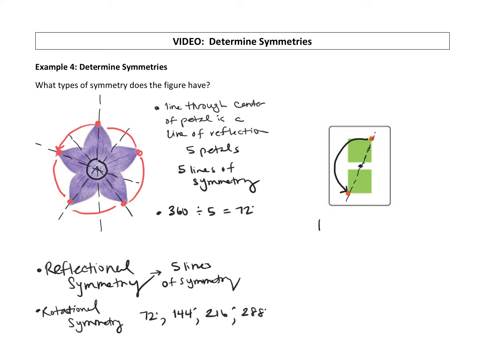We do have rotational symmetry, and that angle of rotation was 180 degrees. If we go 180 degrees one more time, we get back to where we started, which is 360, and we don't count that one. This figure has point symmetry as well.